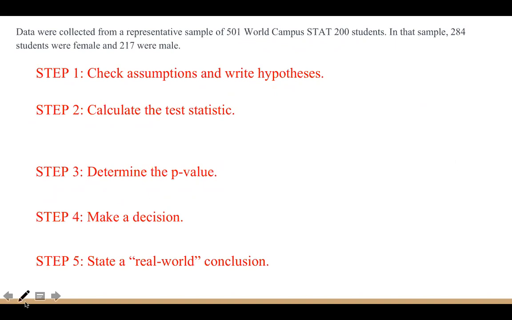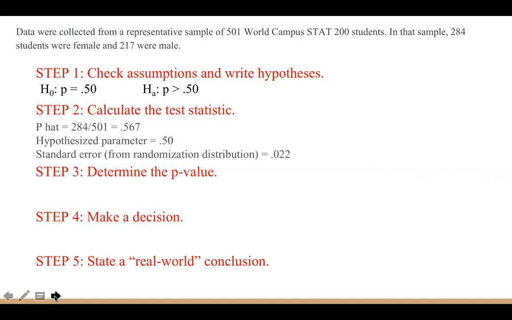First, we check our assumptions and write our hypotheses. We conclude that our sample size is large enough, and we can write our null and alternative hypotheses. Our null is that p equals 0.50, and our alternative is p is greater than 0.50. Once we have our hypotheses, we calculate our test statistic.